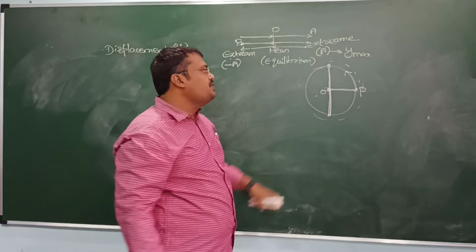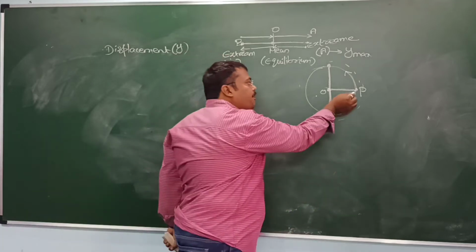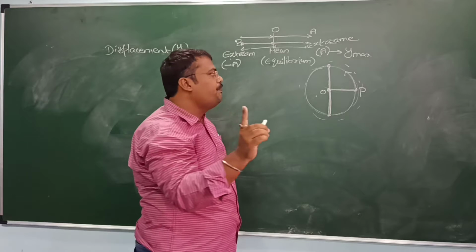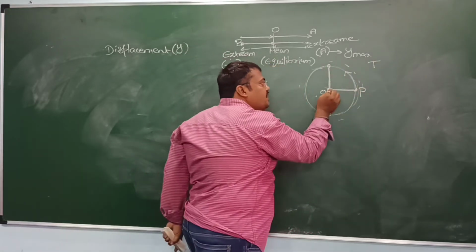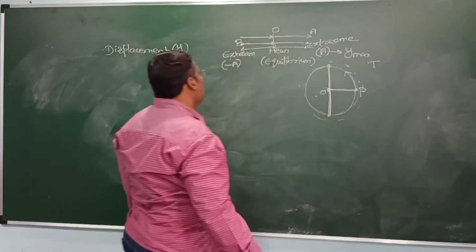It covers two extreme positions and again reaches the mean position. When the particle covers one complete circular path within a time period t, the projection point O completes one oscillatory motion.